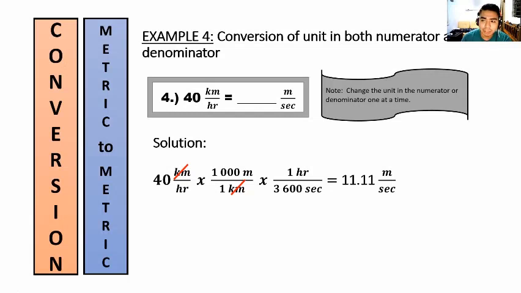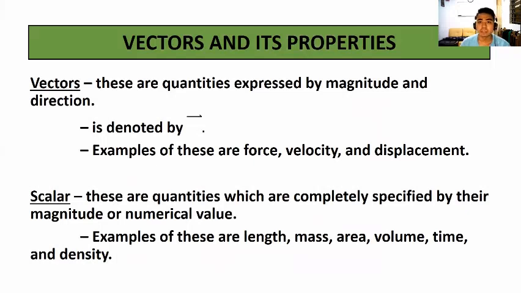So, kaya nasa ilalim na yung seconds, makakancel na yung hour doon. So, kunin nyo na yung product. 40 times 1,000 times 1 all over 3,600. Okay? So, we have 11.11 meters per second.